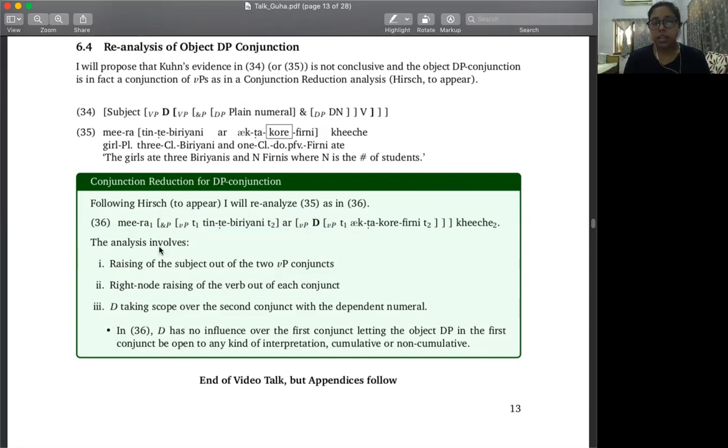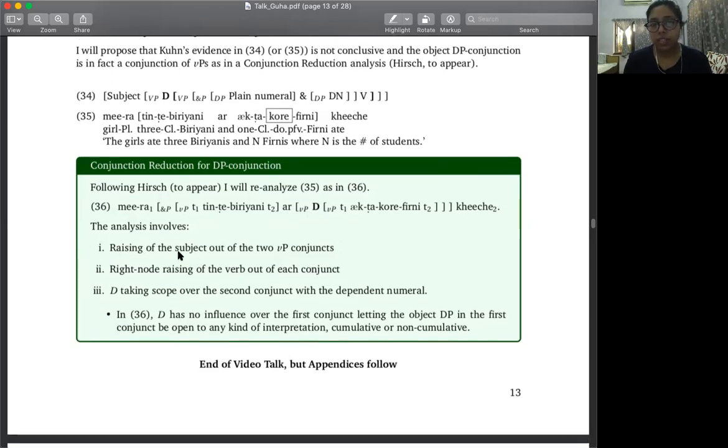This analysis involves raising of the subject out of the 2 conjuncts and the right node raising of the verb out of each conjunct. Crucially, D will take scope only on the 2nd conjunct with the dependent numeral. Thus, D in this analysis has no influence over the 1st conjunct, letting the object DP in the 1st conjunct be open to any kind of interpretation, cumulative or non-cumulative.